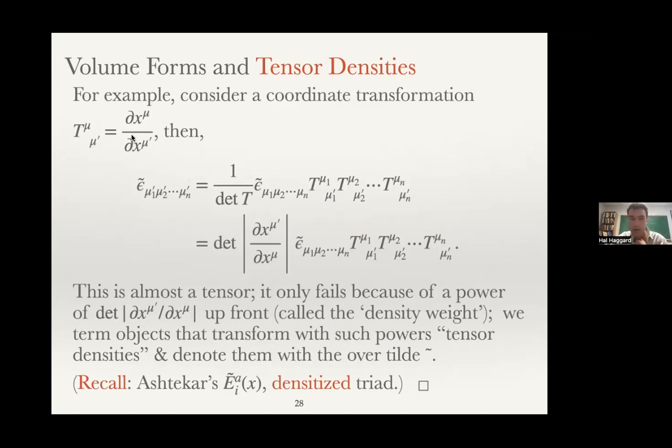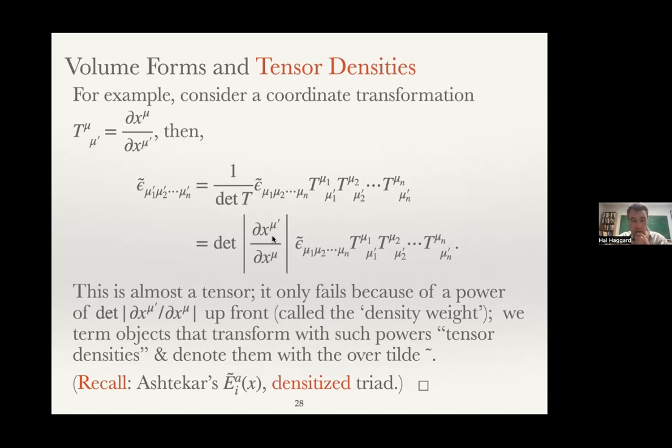So if we really think of what we're doing as a coordinate transformation, then these T matrices are the Jacobian of the coordinate transformation. And we see that 1 over the determinant, well, that's the determinant of the inverse matrix, which is exactly the Jacobian the other way around, the inverse Jacobian.